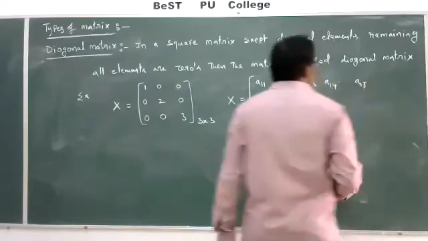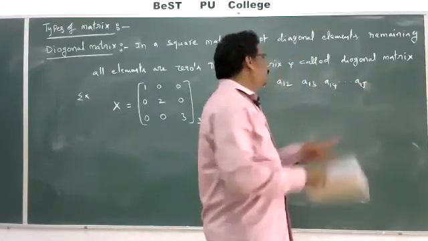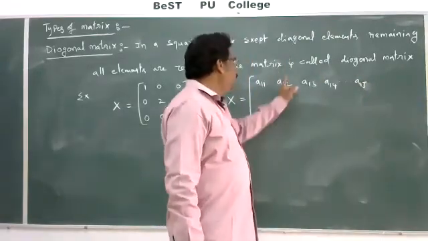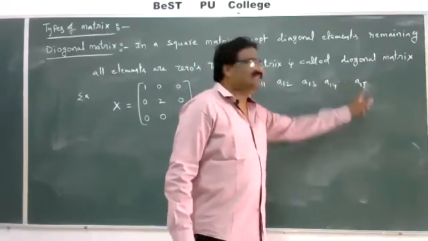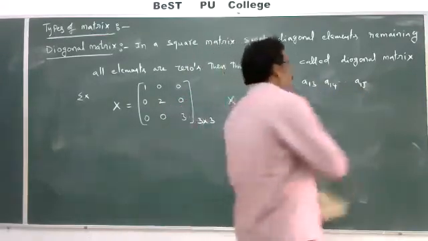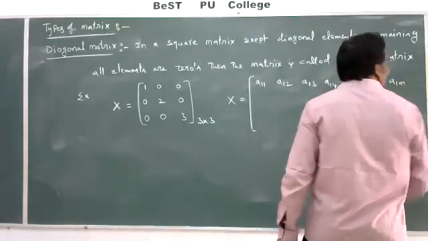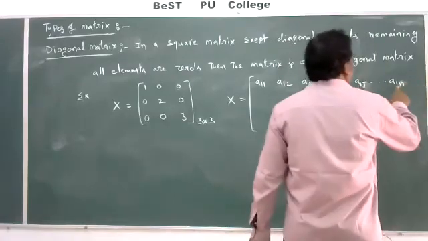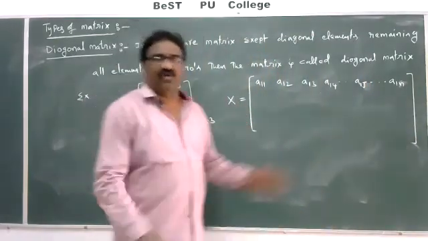A1j, that is the first row and jth column. First column, second column, third column, fourth column, and so on, jth column. A1n, first row, nth column.